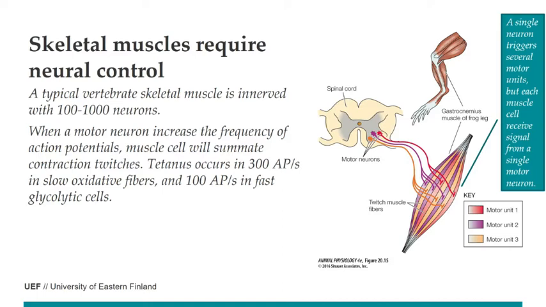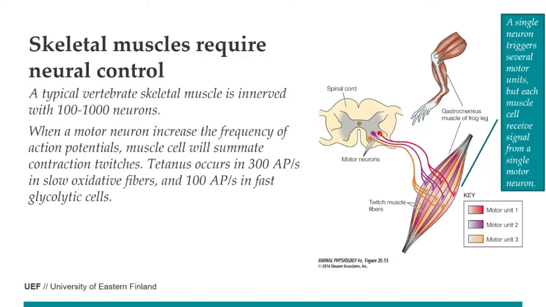And depending on the cell type, the action potentials per second are different. In the slow oxidative fibers, maybe 300 action potentials per second are needed. But in the fast glycolytic cells, 100 action potentials per second is enough.